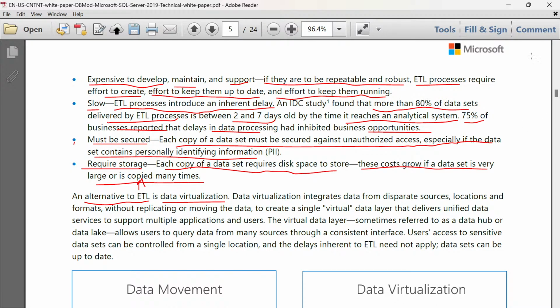All right. So what is data virtualization? Data virtualization is a mechanism which integrates data from various sources, various locations, and in various formats without replicating or moving the data, to create a single virtual data layer that delivers unified data.